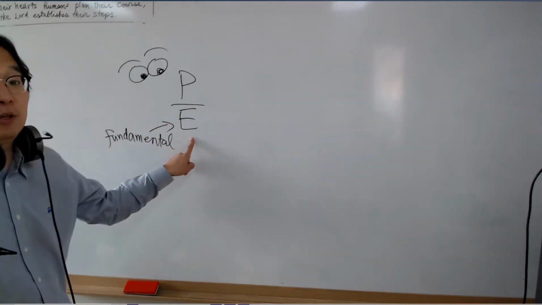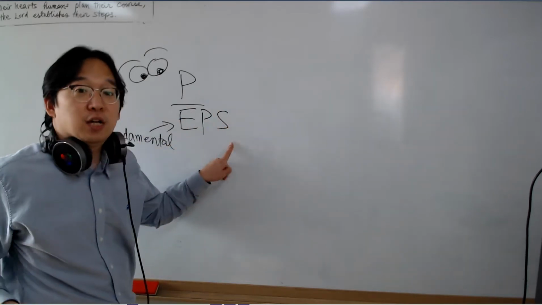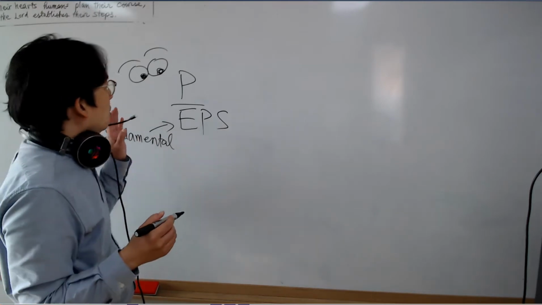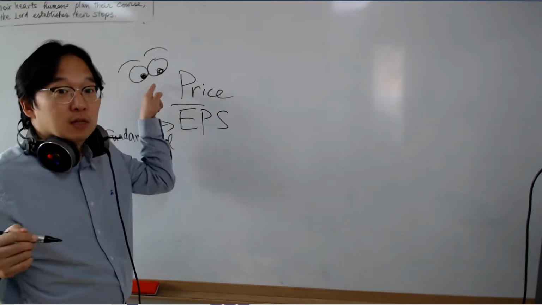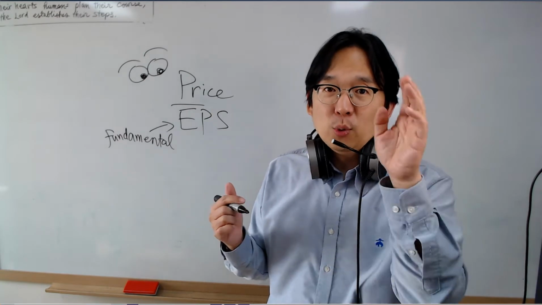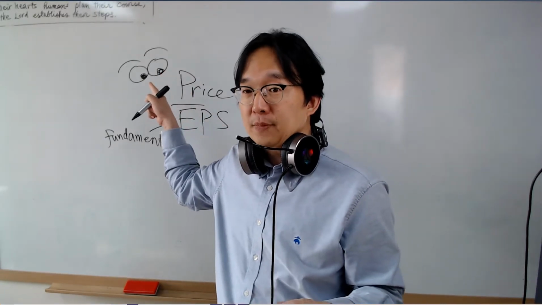This is clearly accounting performance because this is EPS, earnings per share, net income divided by shares outstanding, right? So PE, this is price, market price, okay? You are interested in how much the investors are evaluating about your company right now, today, okay?